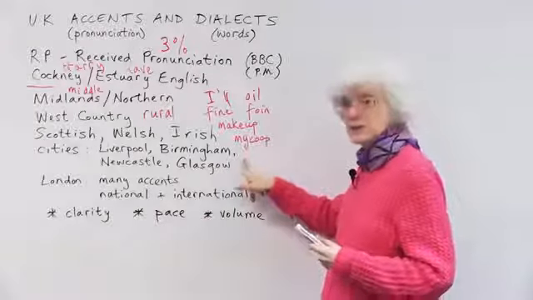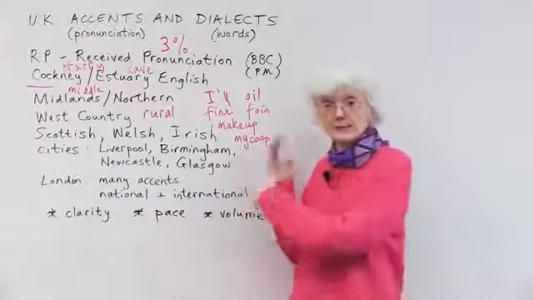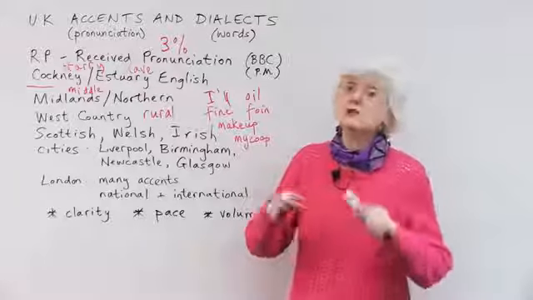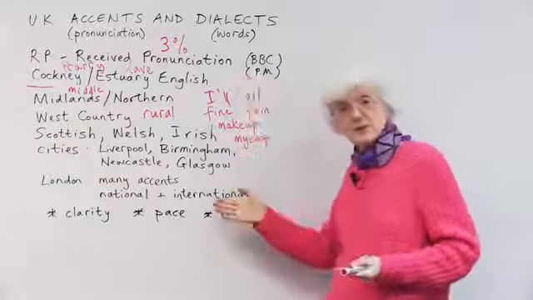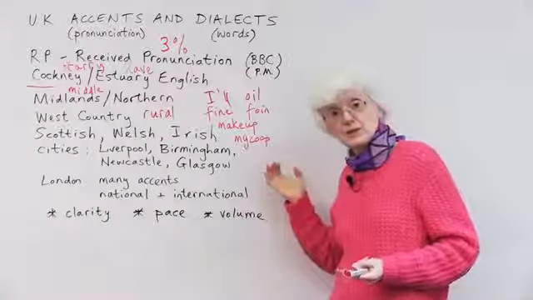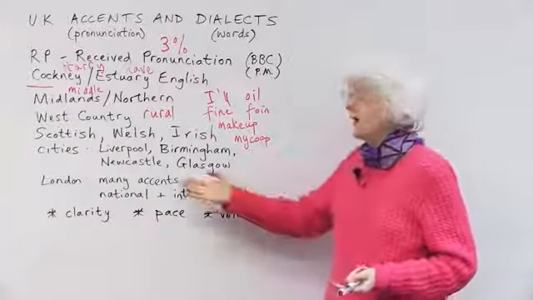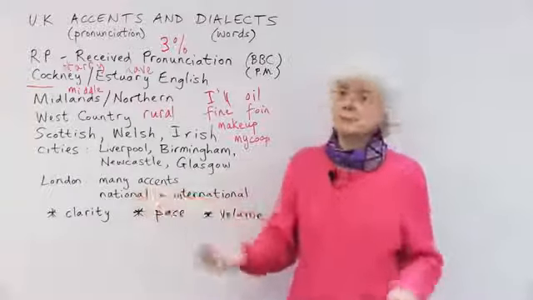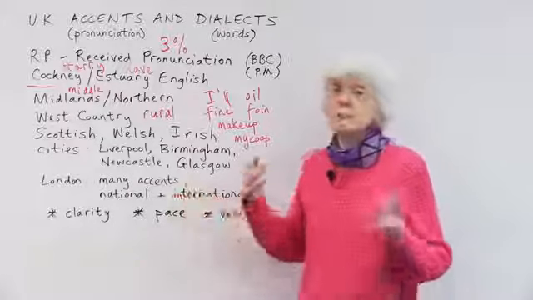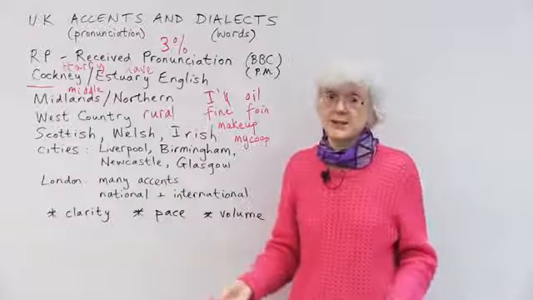Okay, so that's just a few examples to show how a particular accent can change the vowel sound. Right, so having said all of this and given you some examples, just to come back to London briefly and any other big city, you get many accents in a big city.